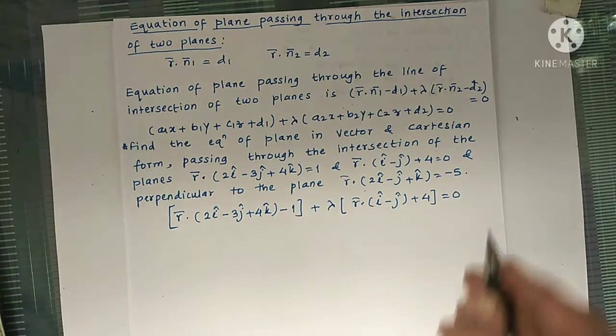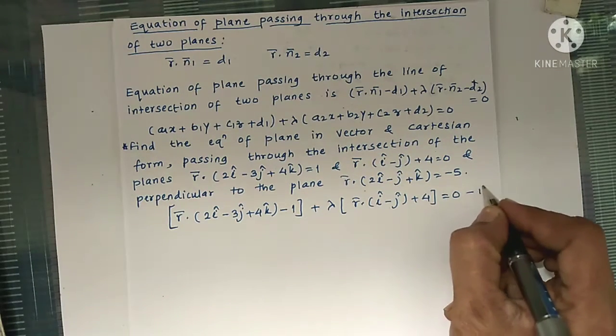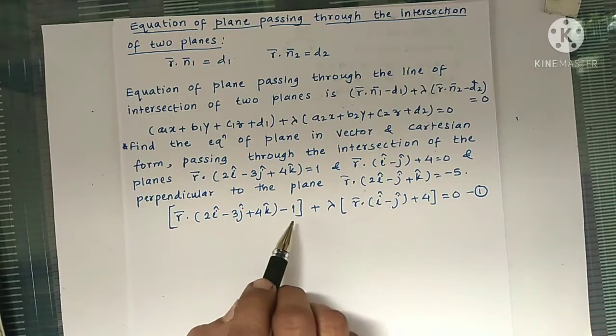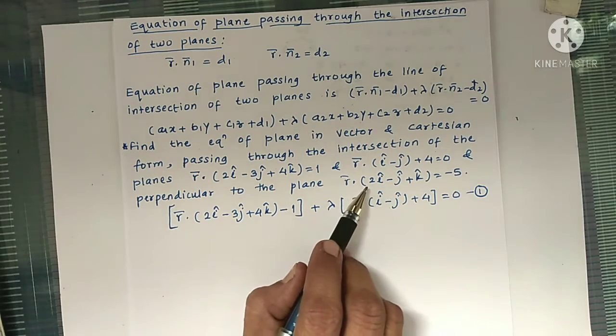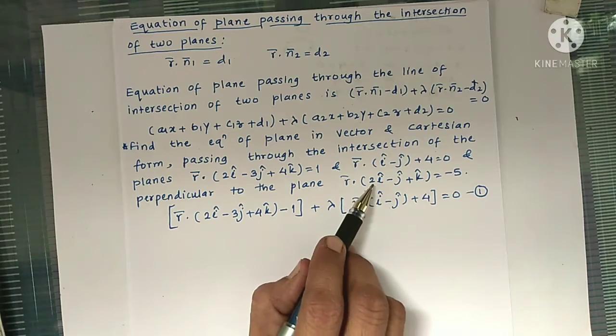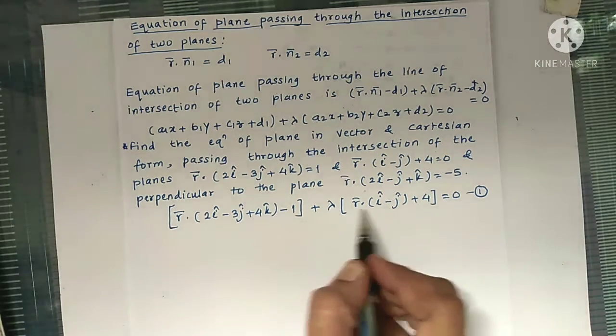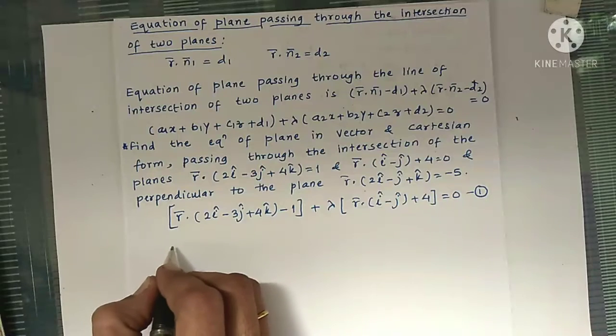Now we have to find the value of lambda. The other information given is that this plane is perpendicular to another plane whose equation is given. Two planes are perpendicular if their normals are perpendicular. So we have to use that fact to find the value of lambda. What will be the normal? Let's multiply the second equation by lambda and find the normal.